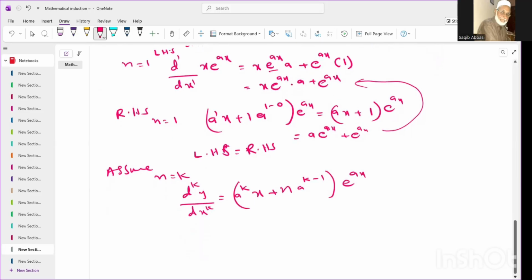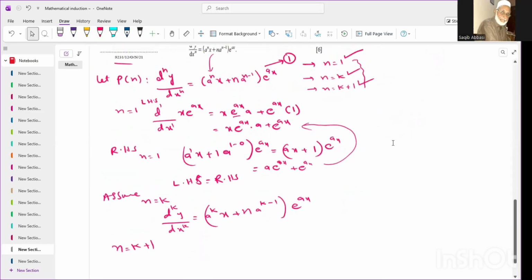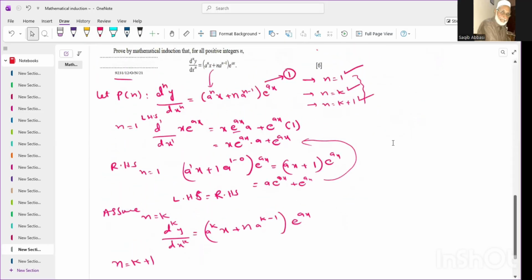Now we put n equal to k plus 1. What is our thinking process? The thinking process is that we put n equal to k on the left hand side from equation 1. First of all, I write it into this one. Yes, I think this is correct. Now, look at this one.